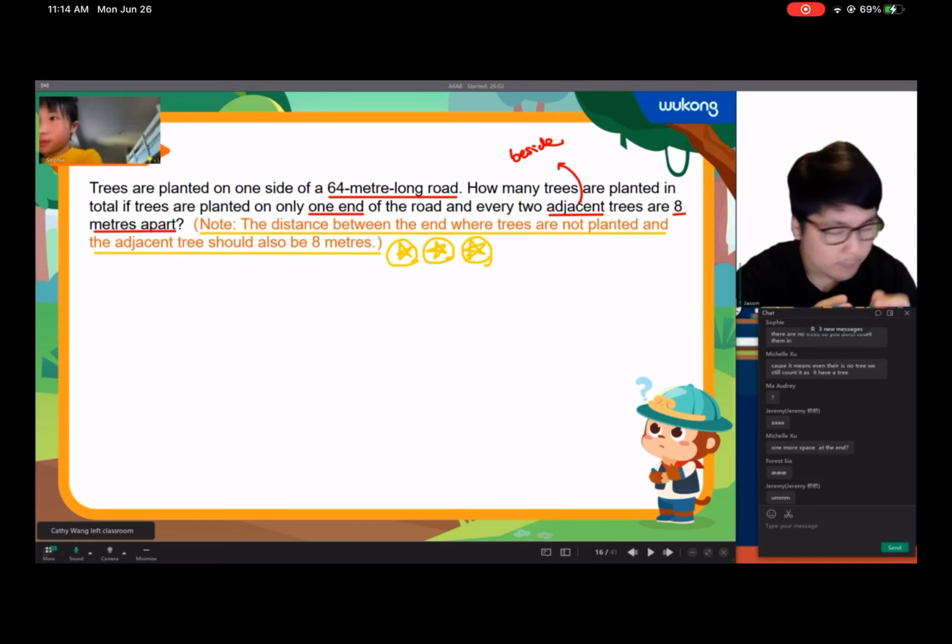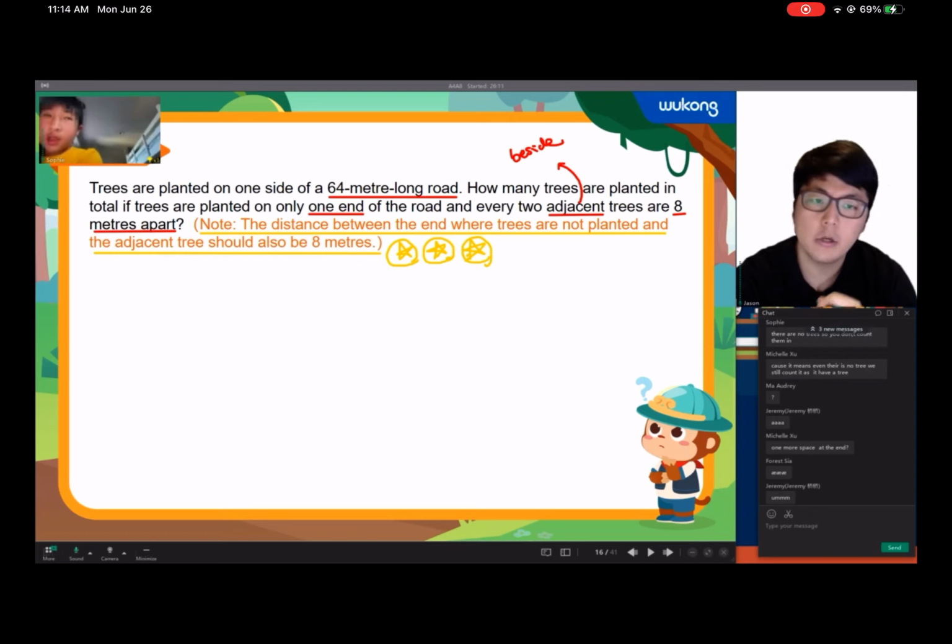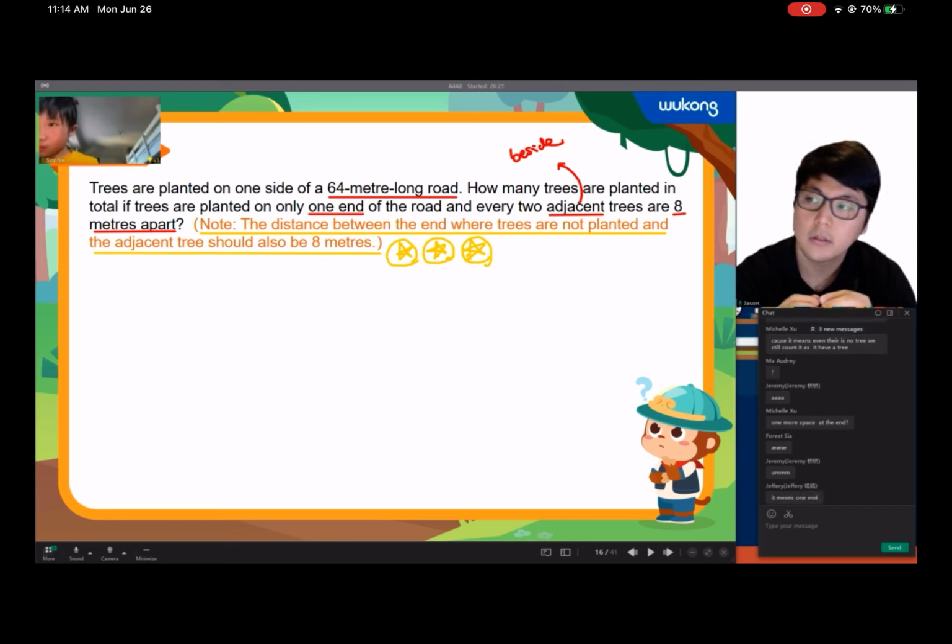Very, very close. But why is that important, Sophie? Why is it so important that the last end with no tree should be 8 meters? Because if it didn't have 8 meters, you'd mess up the whole thing, because all intervals are planted at 8 meters.